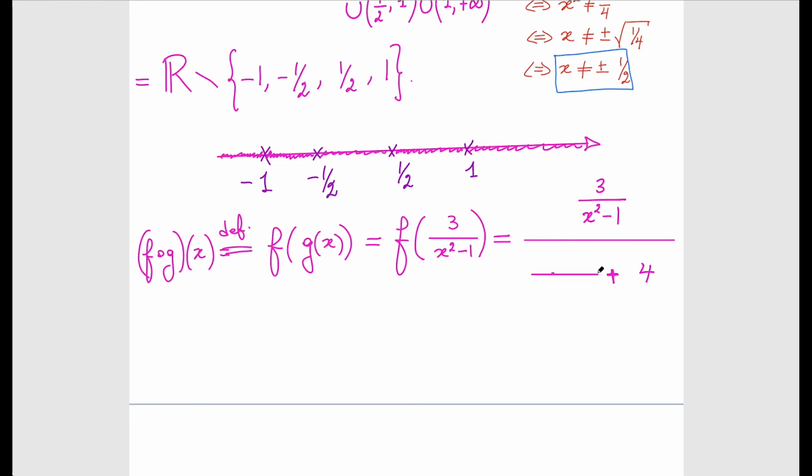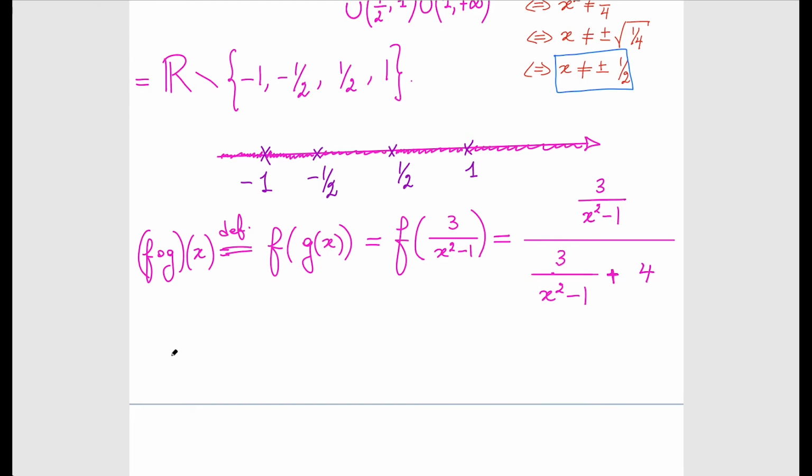So I'm gonna have 3 divided by x squared minus 1. So one more time, this is the guy who's playing the role of my star. This is the structure of the output of f. F of star is star divided by star plus 4, right? And my star happens to be 3 over x squared minus 1. I'm gonna place it here and here.